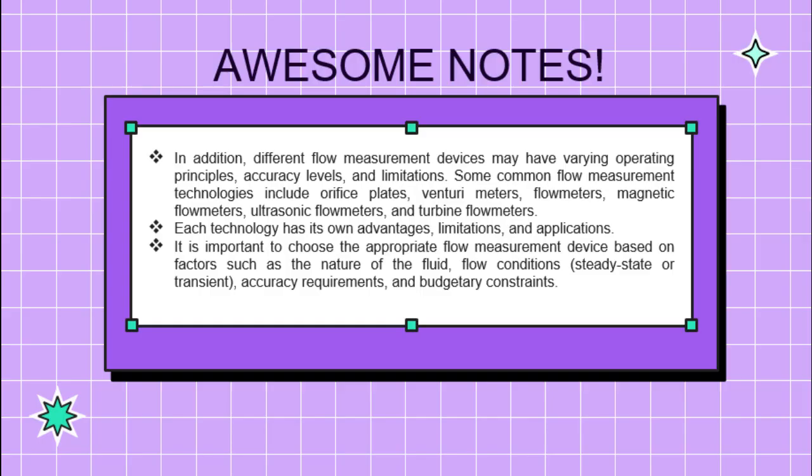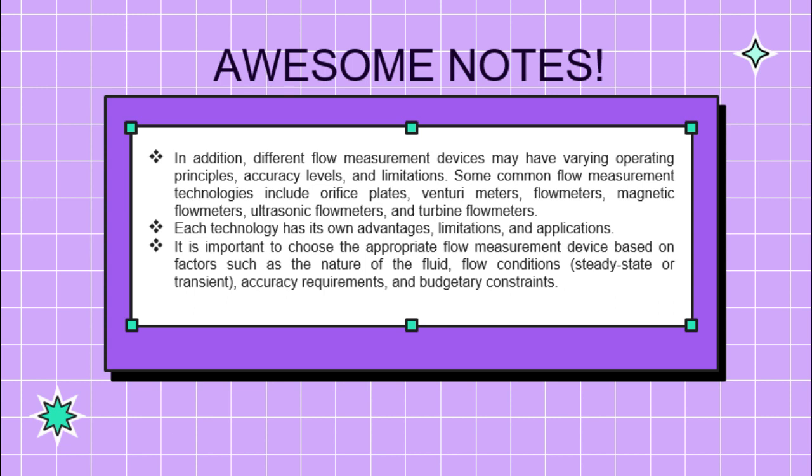Now let's see the additional notes. In addition, different flow measurement devices may have varying operating principles, accuracy levels, and limitations. Some common flow measurement technologies include orifice plate, Venturi meter, magnetic, ultrasonic, and turbine flow meters.